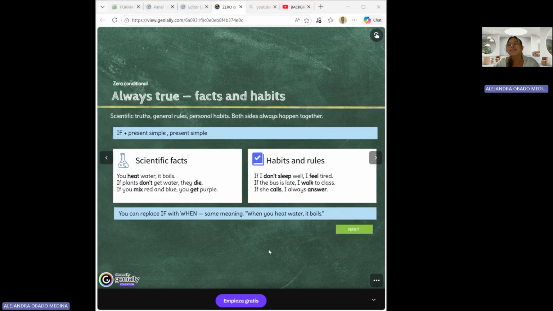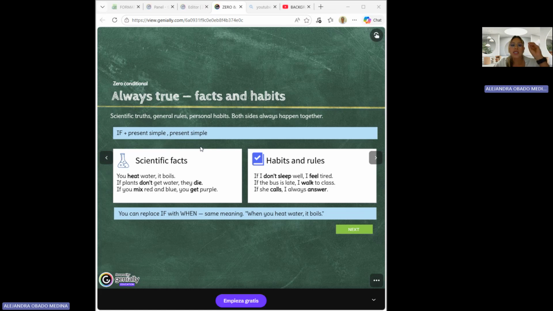Let's start with the zero conditional. Look at the form on your screen. If plus present simple. Both verb parts use present simple. Why?